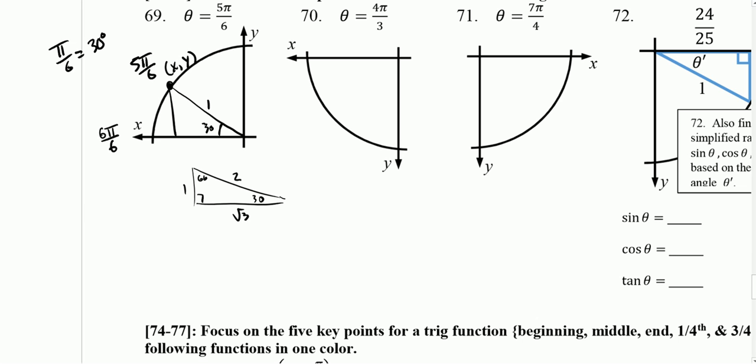Respecting our quadrant, we know that our x value is negative, our y value is positive, and so the x value is the cosine of our angle, and the cosine is adjacent over hypotenuse. The y value is the sine of our angle, and that's opposite over hypotenuse. So our coordinate, xy, is going to be negative root 3 over 2, comma 1/2.